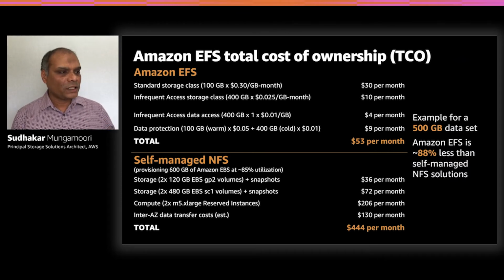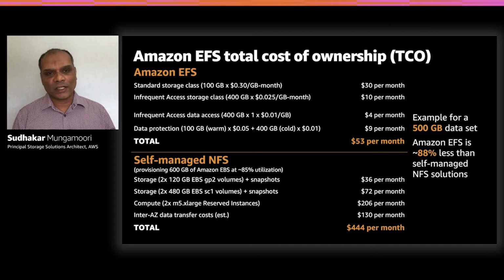So let's see here, even if you use reserved instances, for example, for compute in two different availability zones for high availability, and then you carve out EBS volumes in a fashion that your hot or active data set runs on GP2 volumes and your infrequent access data can run on SC1 volumes. Based on the math, and there is an additional cost of managing the inter-AZ data transfer costs. Combining all of these, it's about $444 per month.